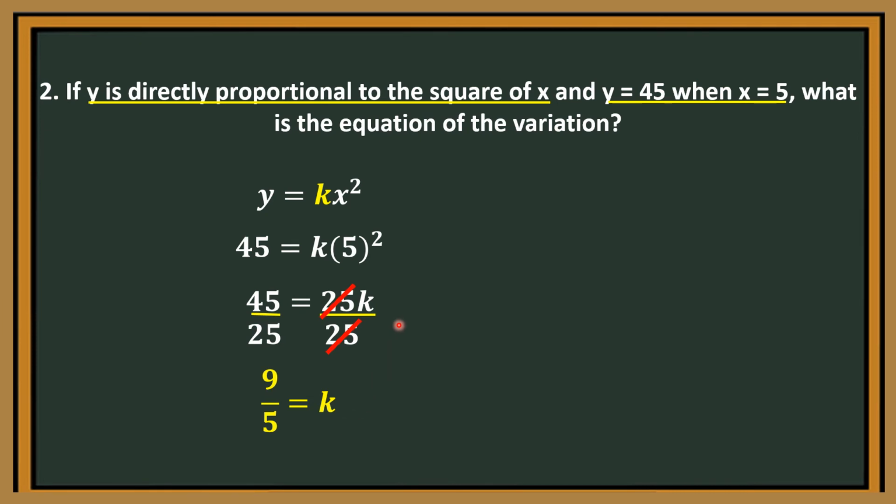The question asks for the equation of variation. Therefore, we just substitute. Use the original equation y is equal to kx squared. Substitute the value of k, 9 over 5. So this is now y is equal to 9 over 5 x squared. This is the equation of variation.